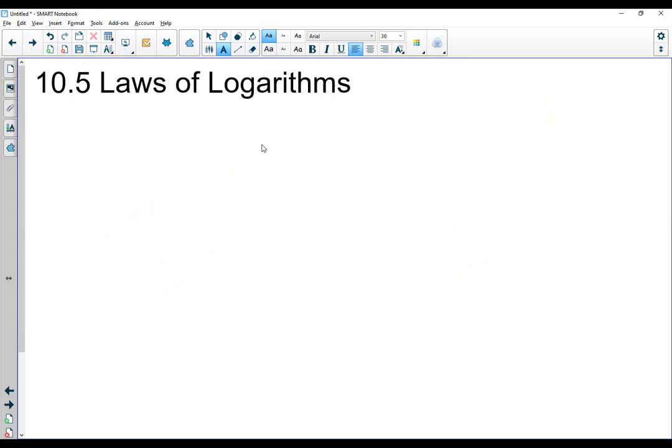So 10.5 is laws of logarithms. Remember, this is related to the laws of exponents. Here are the concepts. There are 3 laws we went over.